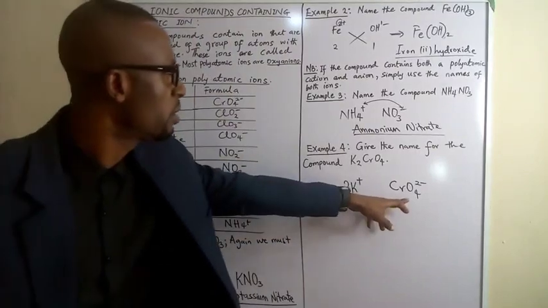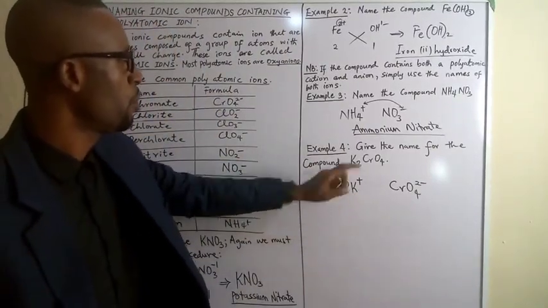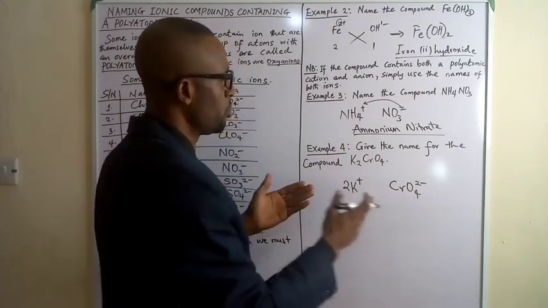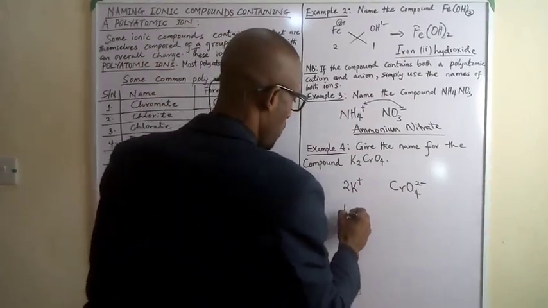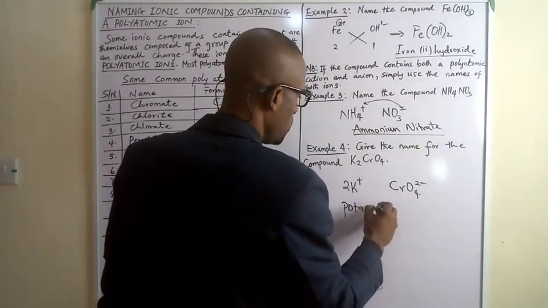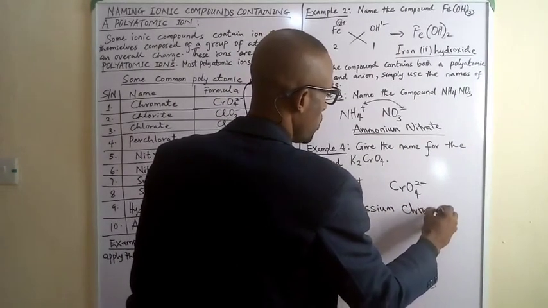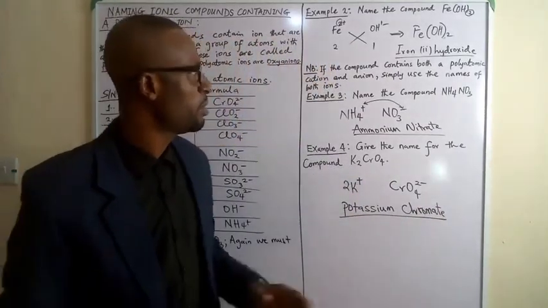This is chromate, and potassium, of course, is 2 moles of potassium ion. So it's very simple. You just name the two ions. So what we have here ultimately is potassium chromate. That is the name of this particular compound.